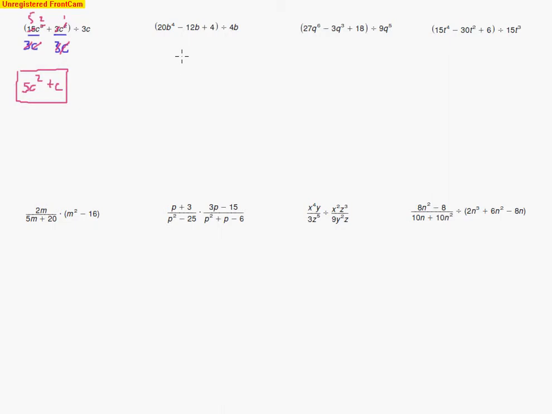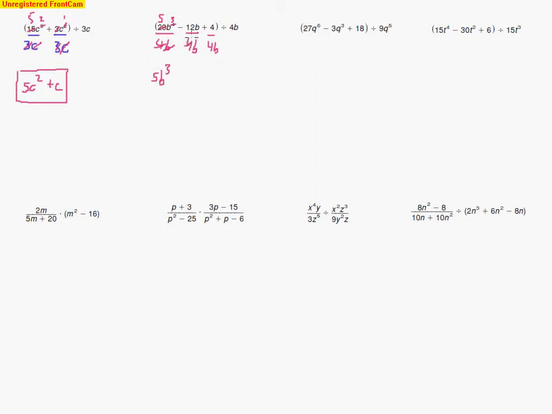So it's the same thing with all of them. You're just going to rewrite this polynomial that we're dividing into, and we're going to put the 4b, which is our divisor, underneath each of these terms, and then see what's left over. And then rewrite the polynomial with whatever's left. So here the 4 goes into this 20 5 times. b goes into b to the fourth, well, we have 3 b's left on top of the fraction, so 5b to the third power.